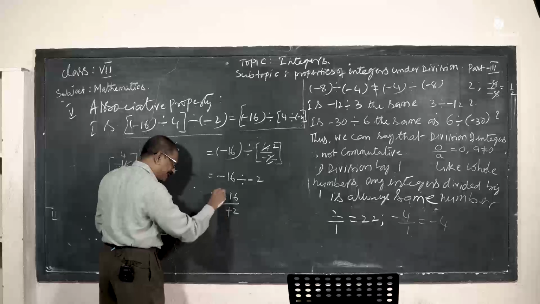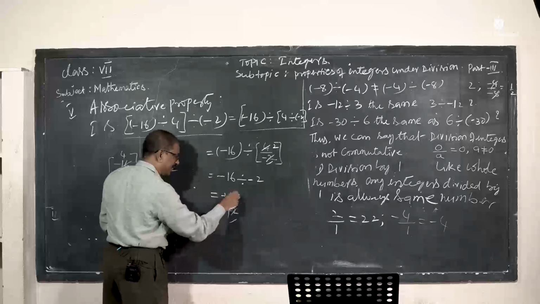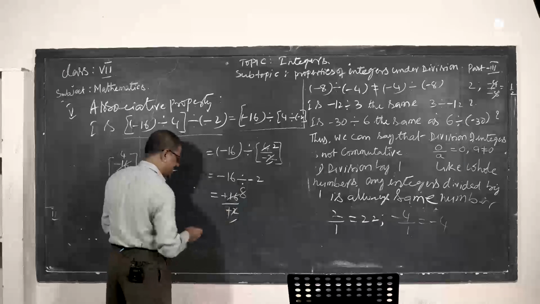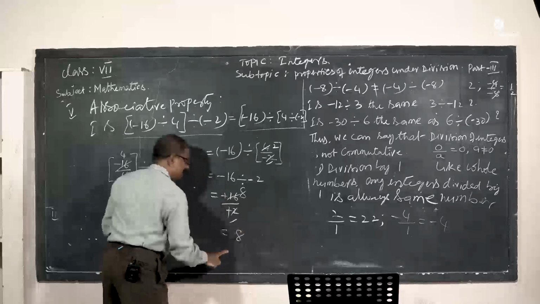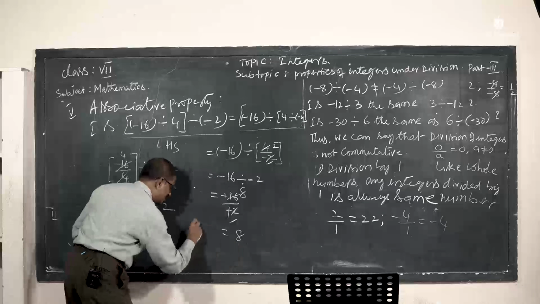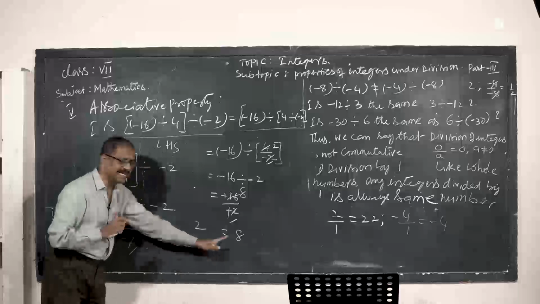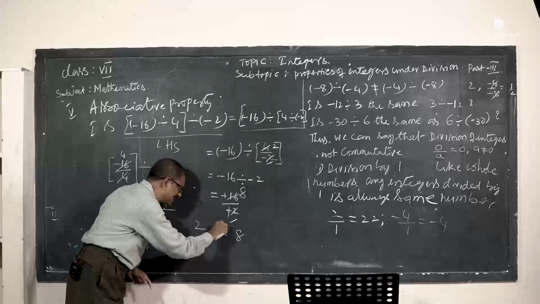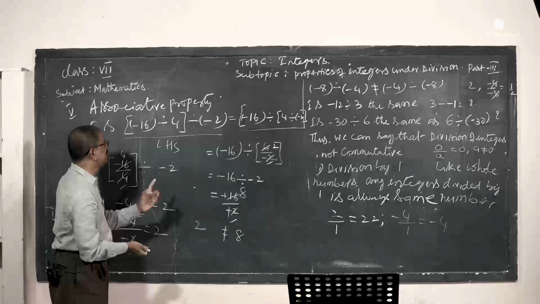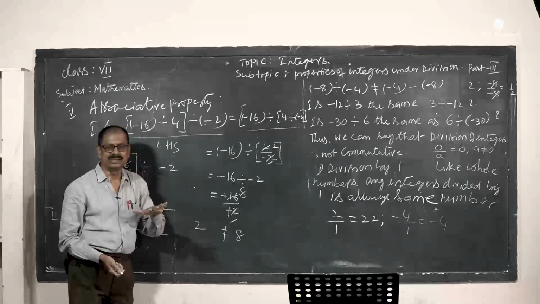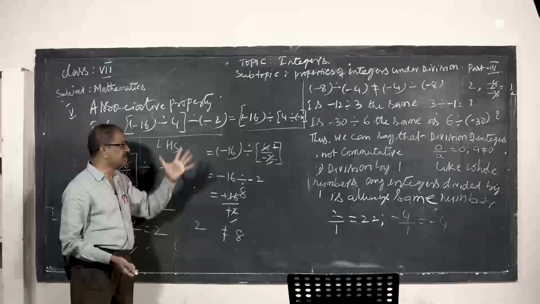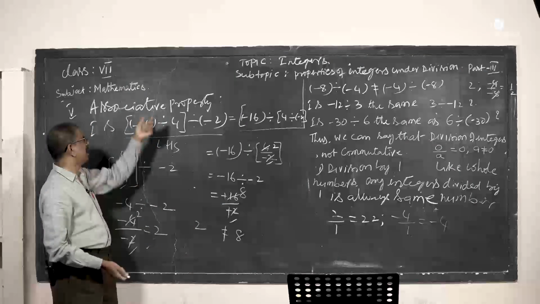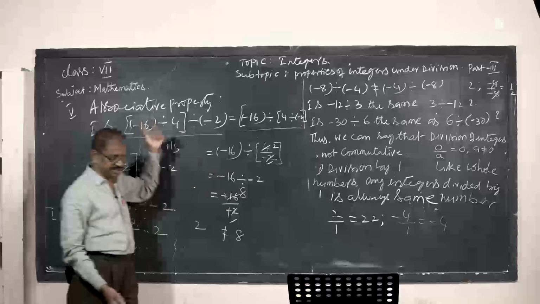Both minus signs cancel. 2 eights are 16, that is equal to 8. See, on the right side we got 8 and on the left side we got only 2. Are they equal? No. So under division the associative property does not hold. It is not possible under division.